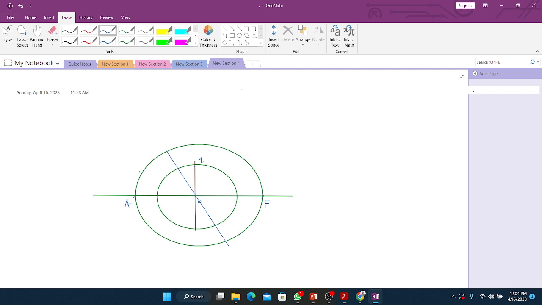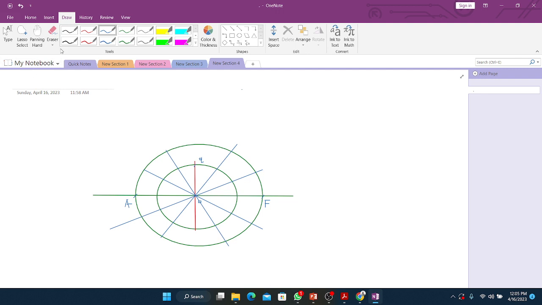So here we are dividing this one into 12 number of equal parts. Okay, we divided this one into equal parts.